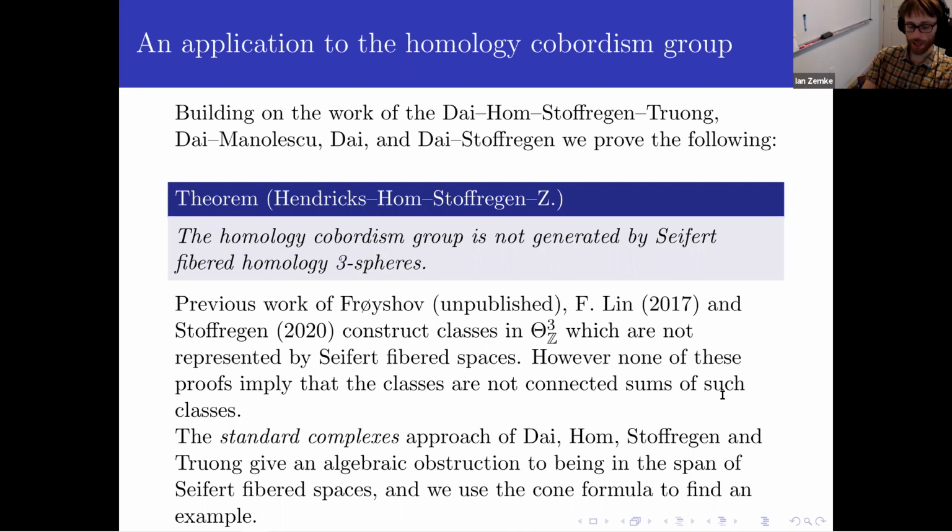Specifically, due to Dai and Manolescu, and expanded upon by Irving Dai, there's a classification of what the complexes of Seifert fibered spaces look like, and Dai also showed what the complexes of all connected sums of Seifert fibered spaces look like. Using the surgery formula, we were able to exhibit things which we could show were not in the span of any of these spaces, up to the algebraic version of homology cobordism.